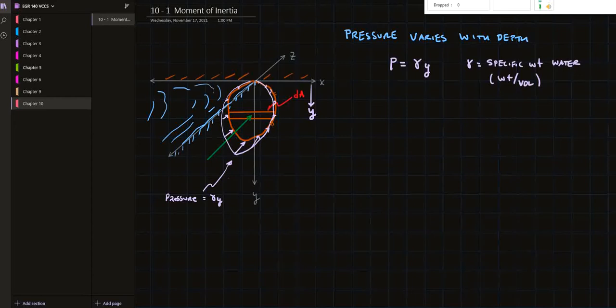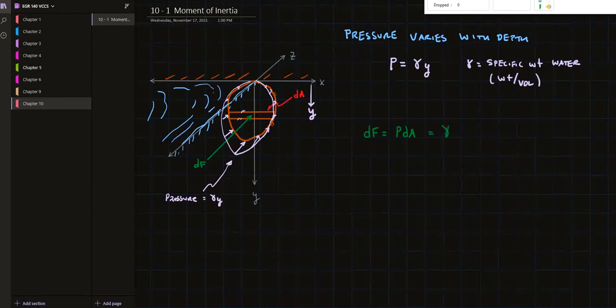If we look at a differential area, this red thing is pointing at a differential area here between these two lines. We can then claim that we have a differential force applied on this differential area, and our differential force equals pressure times our differential area, because pressure is force divided by area.